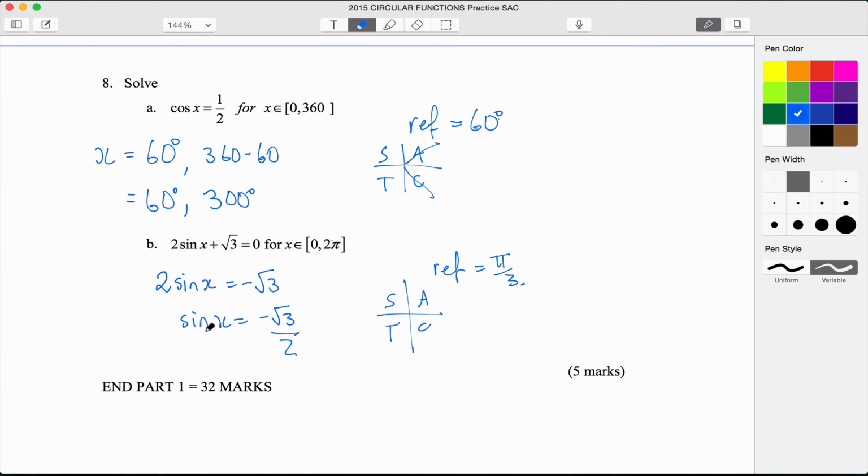We have sine x is negative here and here. So we have x equals this one, pi plus pi over 3, and 2 pi minus pi over 3, which is going to be 4 pi over 3 and 5 pi over 3 for our two solutions.